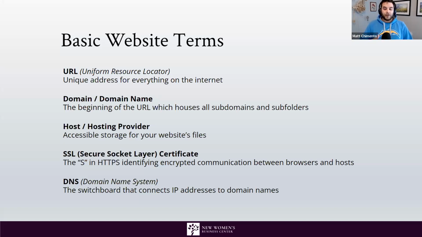So how do you make sure that your URL is unique and you can differentiate your stuff on your website from everybody else's URLs? That's done through the domain name, the beginning part of that URL. Amazon.com, Walmart.com, BestBuy.com. Those are domain names.